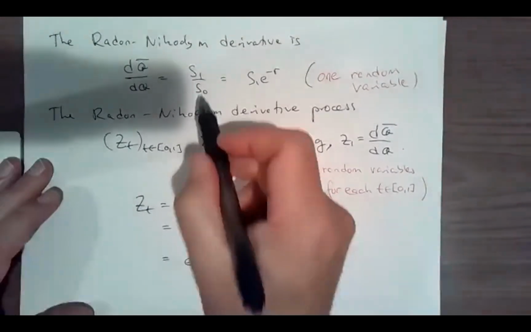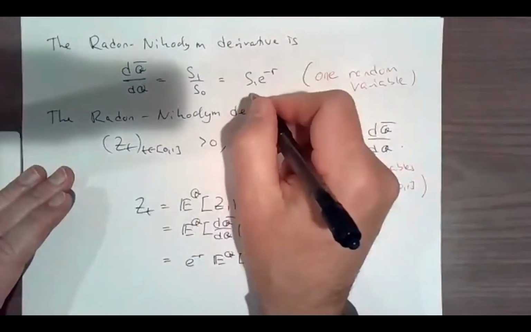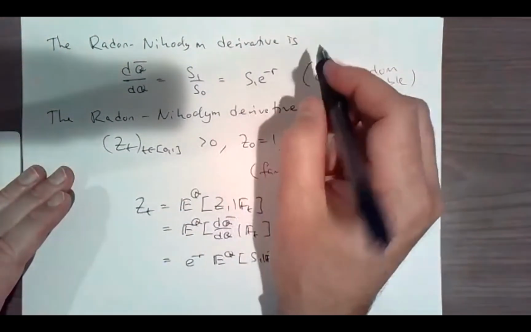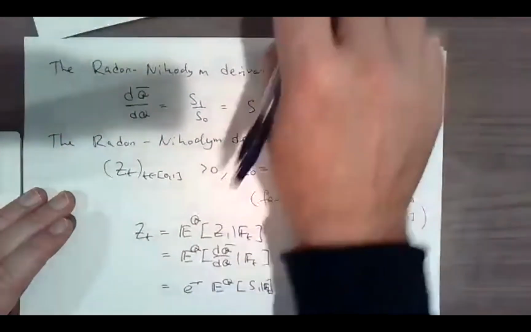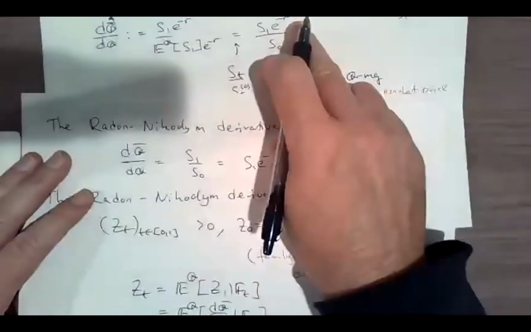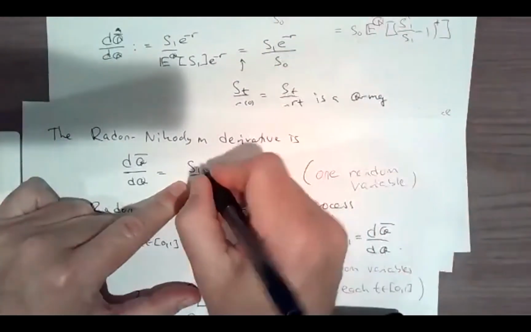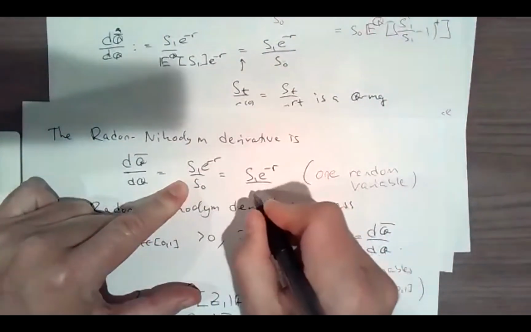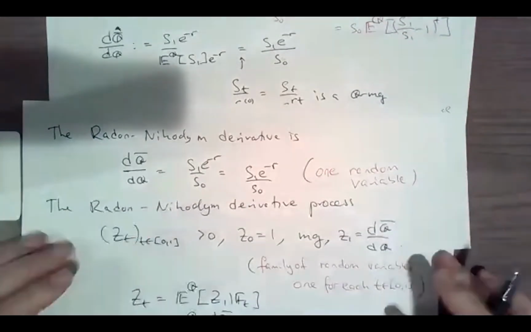And I forgot, we should be dividing here by S0. I'm missing a term: I should have an e to the minus r here and an S0 here.